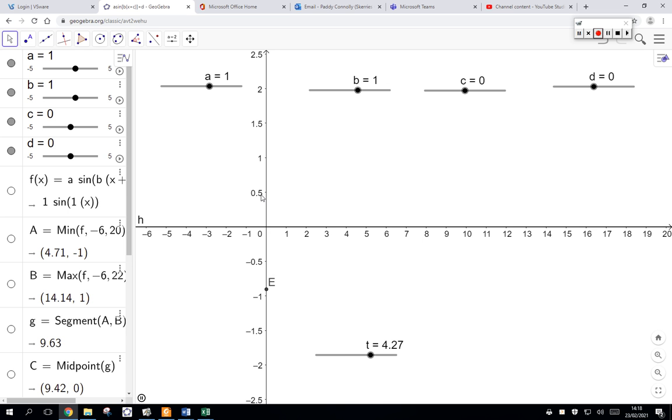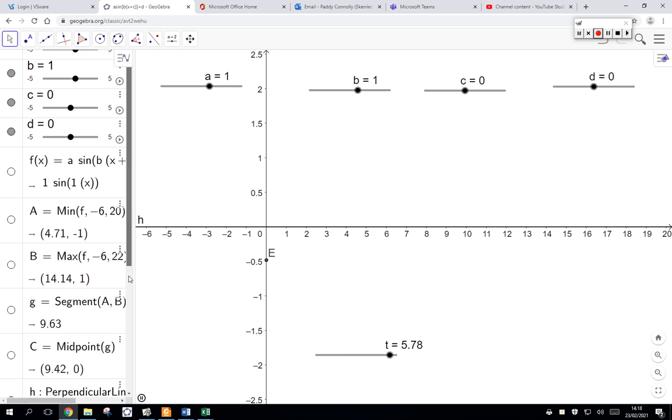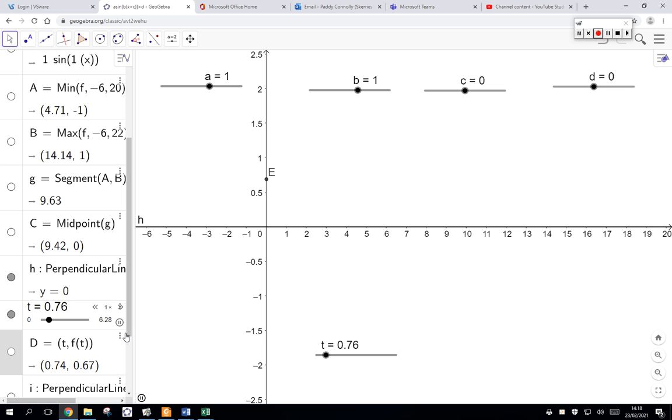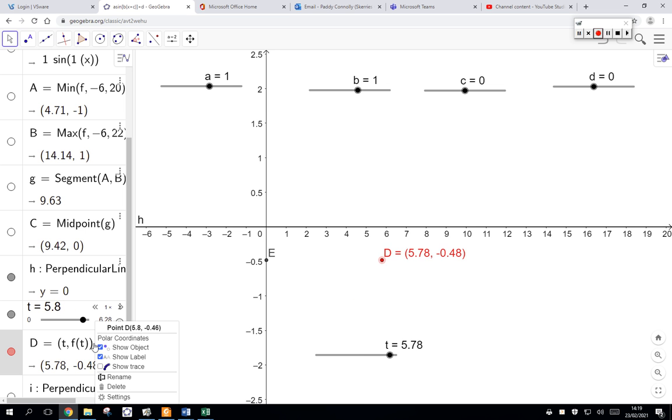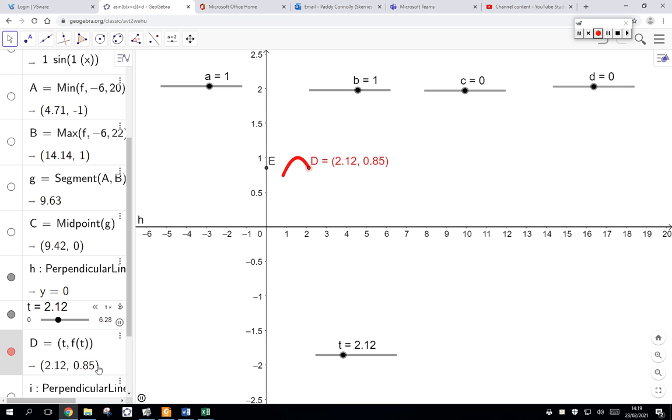And if I start thinking about getting some kind of graph of this, graphing its position against time, where time is on the horizontal axis and position on the vertical axis, there's a point there. That point is copying the behavior of the other point. It's telling me where it is at some particular time. And if I put a little trace on that point, you will see that point is moving in a sinusoidal fashion.